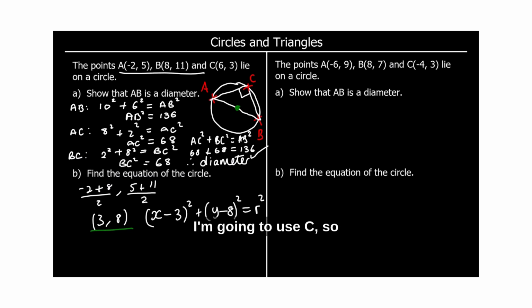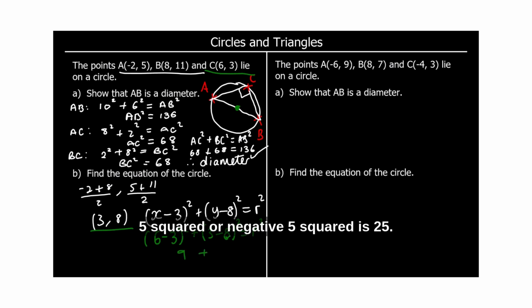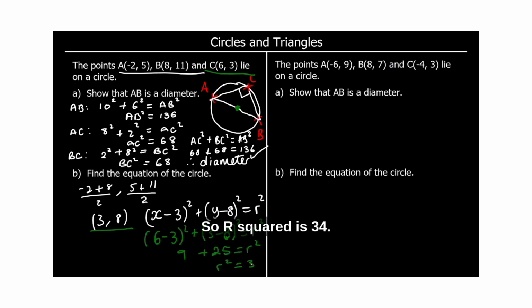I'm going to use C. So 6 and 3. So 6 minus 3 squared plus 3 minus 8 squared equals r squared. So 3 squared is 9. 5 squared or -5 squared is 25. So r squared is 34.